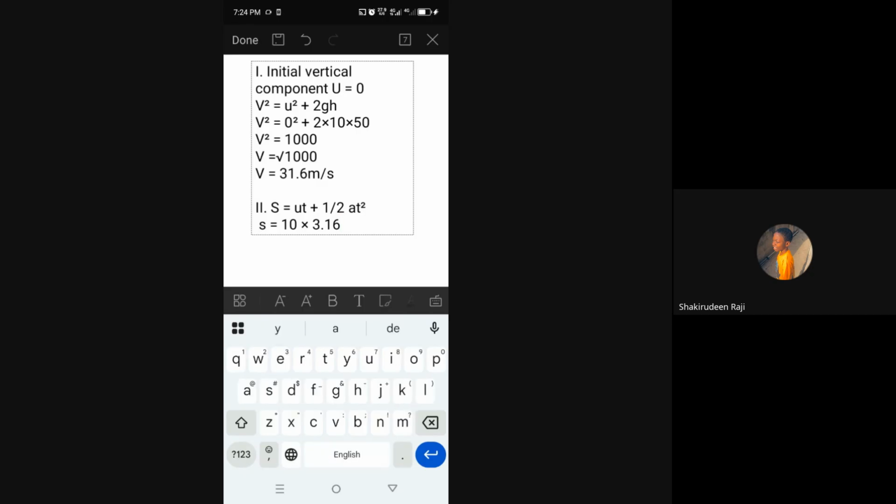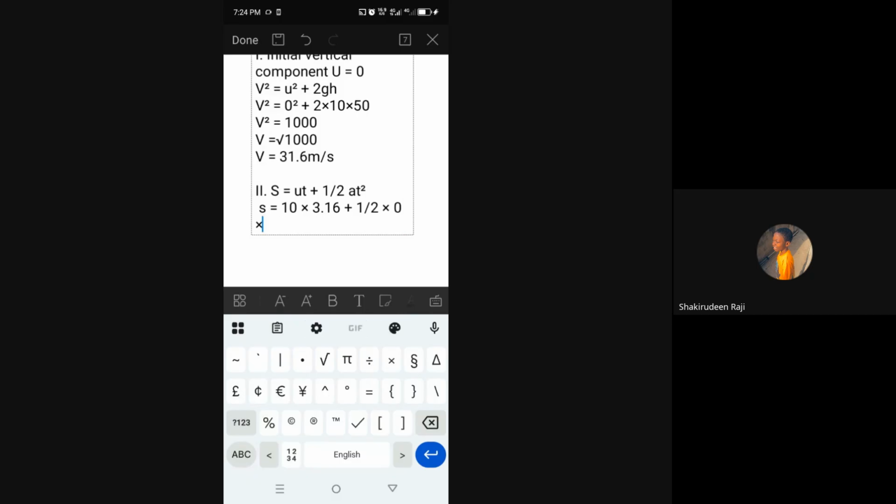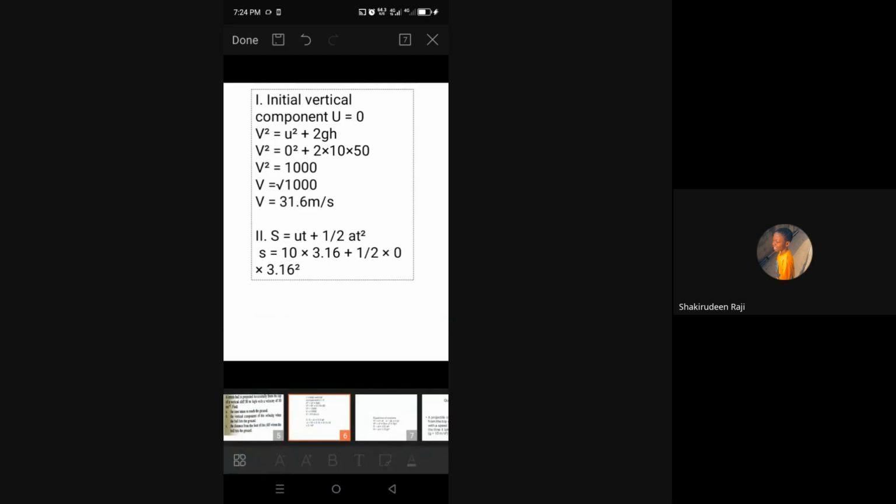Plus, I just said that there will be no acceleration because there is no change in velocity. So times 0 times time square, that's times 3.16 square.